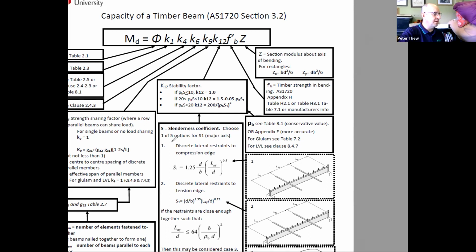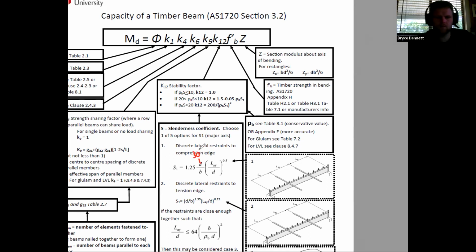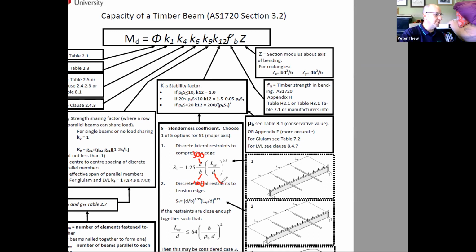Our S1 is 1.25 times, sorry, what was D? 300 mil. And the B? 100 mil. And we decided L effective was 3,000.